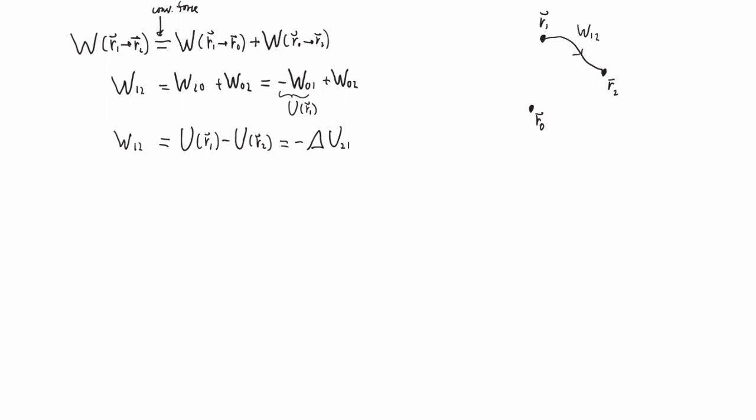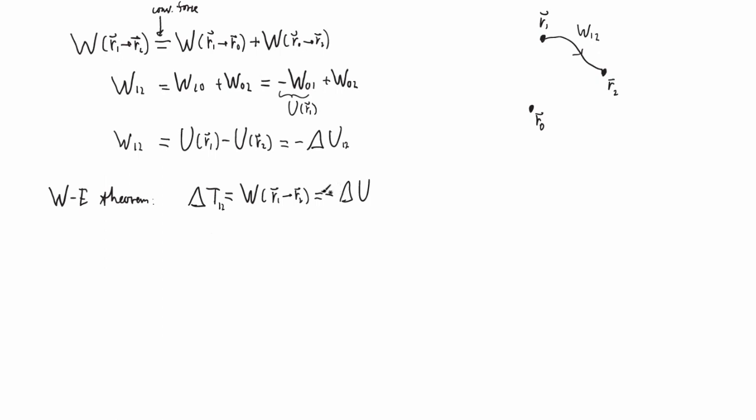Now let's see what effect this has on the work energy theorem. The work energy theorem says that the change in kinetic energy going from 1 to 2 is the work related to going from 1 to 2. Let me just change this here. It should be 1, 2. So that is equal to minus the change in the potential.